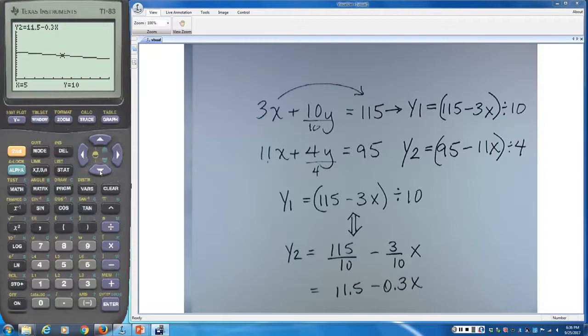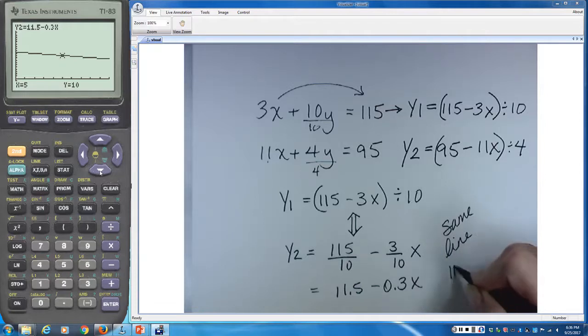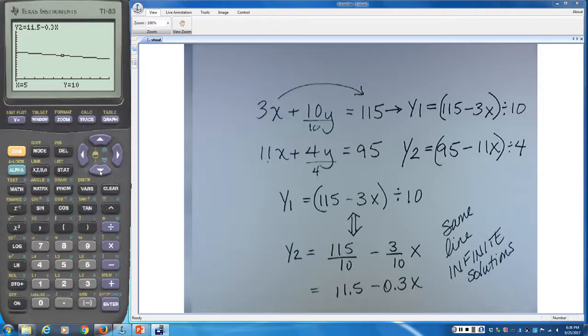So it's the same line. So that has infinite solutions. Okay?